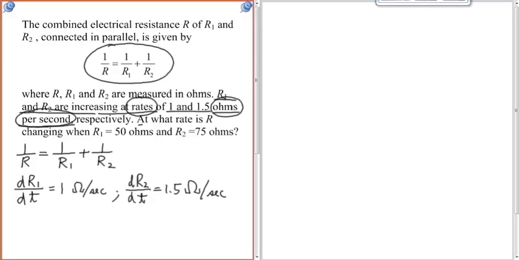At what rate is R changing? So the question is asking us to find dR by dt when R1 is 50 ohms and R2 is 75 ohms.